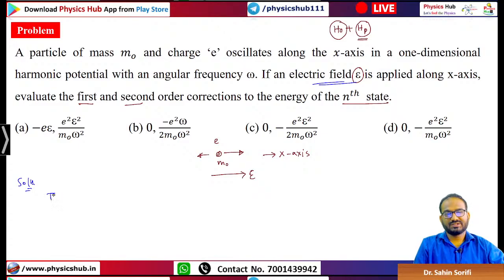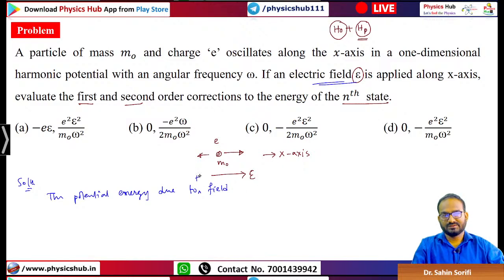So the potential energy due to the field E, what will be this value? Minus p dot E. This is the formula of the potential energy, right?